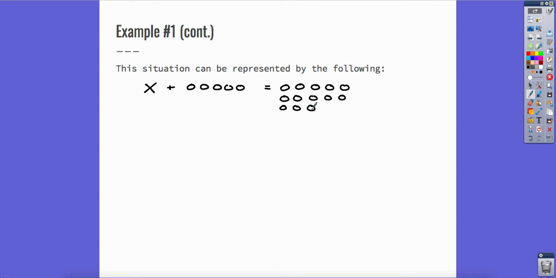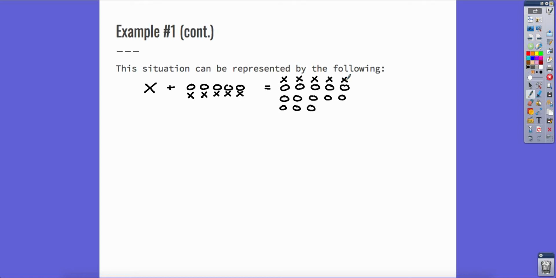Now, if I want to keep everything in balance, but I want to know what number is going to be represented by x here, I know that I can start to cancel these out. So I would put an x, an x, an x, an x, and an x. I know I've canceled out all 5 of those. But since I added 5 x's over here, I need to put those over here as well so that I keep everything in balance.